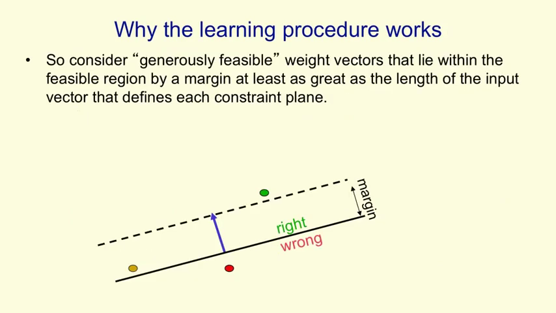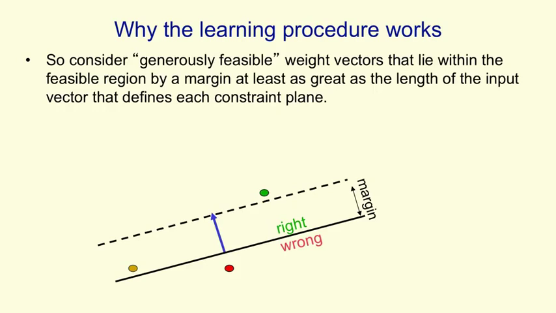What we're going to do is define a generously feasible weight vector. That's a weight vector that not only gets every training case right, but gets it right by at least a certain margin, where the margin is as big as the input vector for that training case.